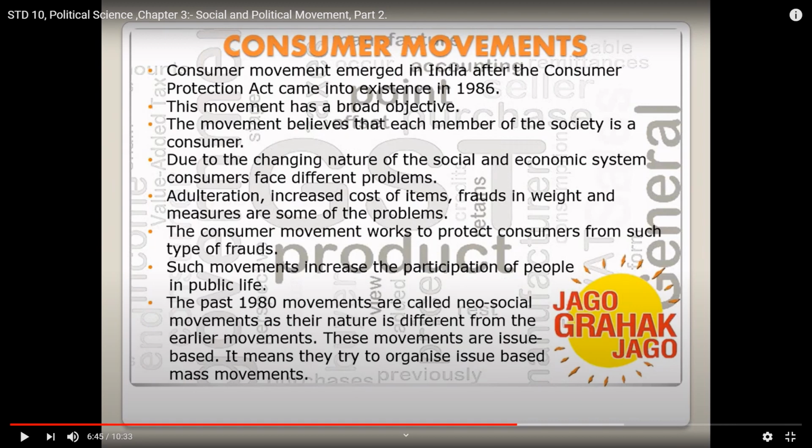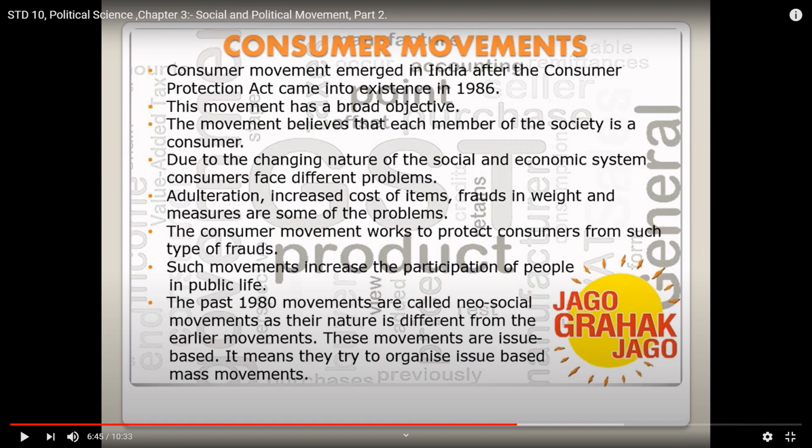So basically, consumer movement is even alive today because if you have bought a product, or you have taken a service from someone, for example, you have gone to a saloon, but you did not find them doing their proper work and you are not satisfied, and you tell them that you have not done properly, but they are not ready to listen to you, so you can go to a place called consumer court.